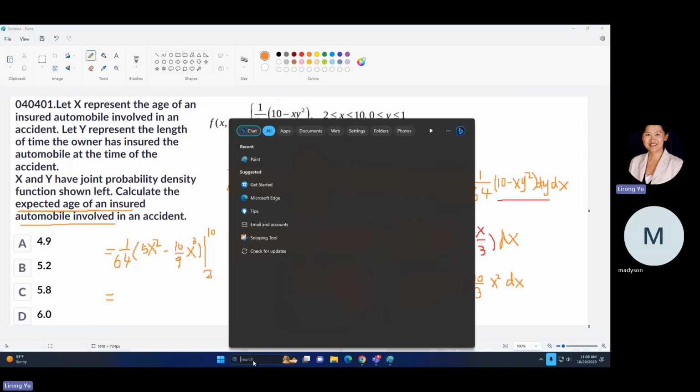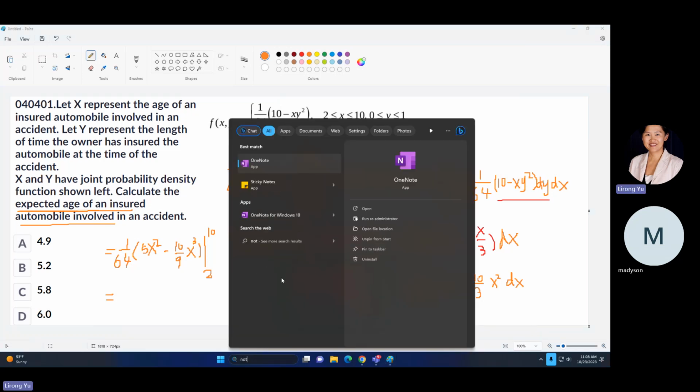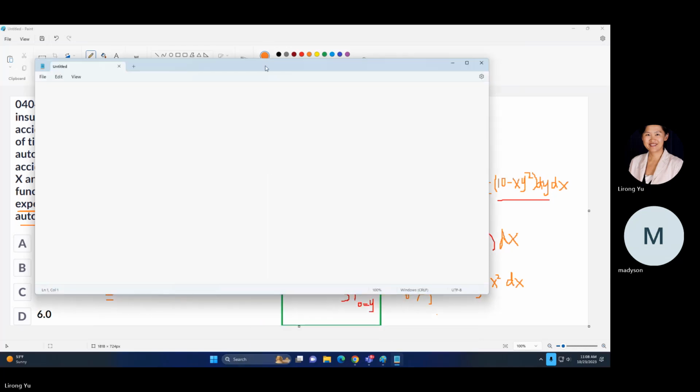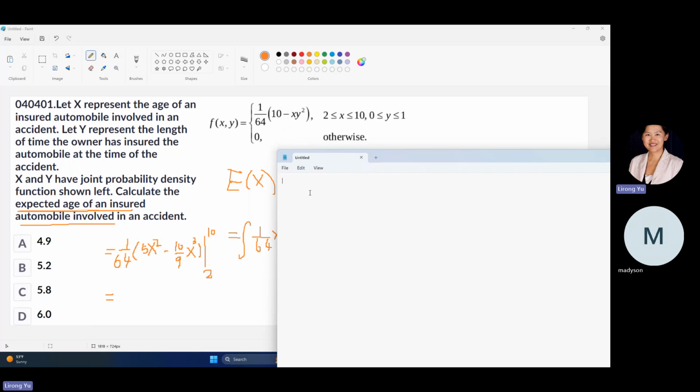See, I'm grabbing the calculator myself. So it's going to be 1 over 64 times 5 times 10 squared minus 10 over 9 times 10 cubed.